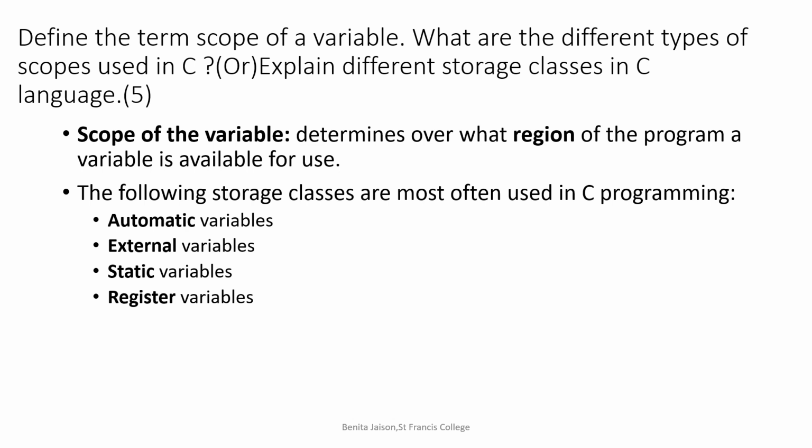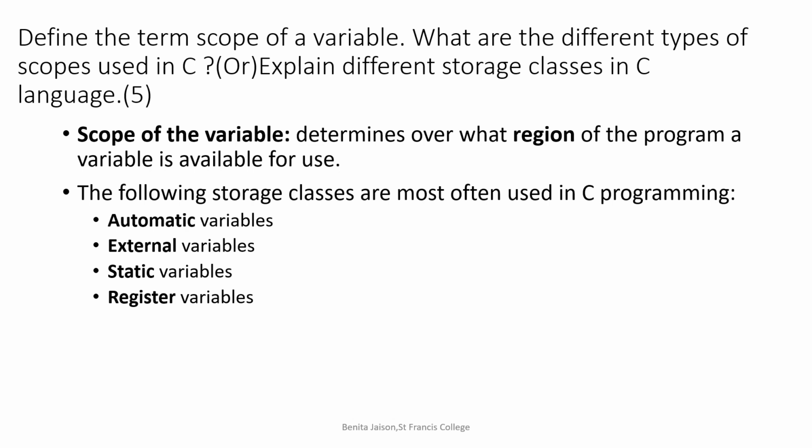As the question has asked only for the scope of the variable, we gave the definition only for the scope. The different storage classes, or the different types of scopes of a variable used in C, include automatic variable, external variable, static variable, and register variable. So these storage classes will determine the different scopes of a variable.